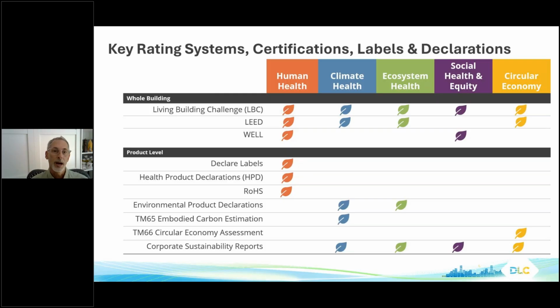Next slide. Some of the key ways that we're doing this, of course, at the whole building level, we've got LEED, WELL, Living Building Challenge, as well as other programs. But at the product level, we have several different metrics that are available at different stages. Each one addresses a different element of sustainability, from human health, climate health, ecosystem health, to social health and equity, and the circular economy.